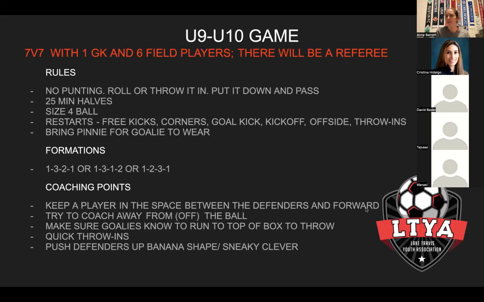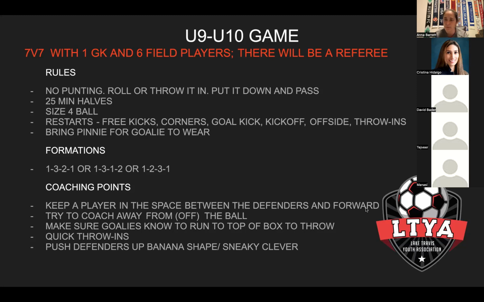But all the set pieces, all the rules in the U9s and U10s, they'll be a little bit stricter than they are in the U8s about the throw-ins. But again, they're going to miss them sometimes. It's not going to be perfect, and we're going to go for flow of the game, but they will call them a little bit more than they do in the U8. We're going to do no punting in the U9, U10 for at least the league play.